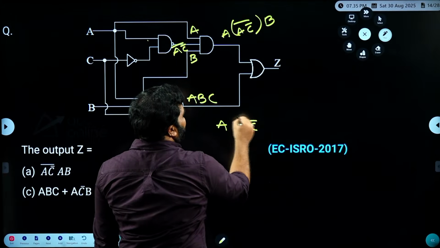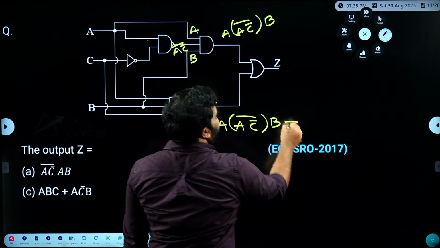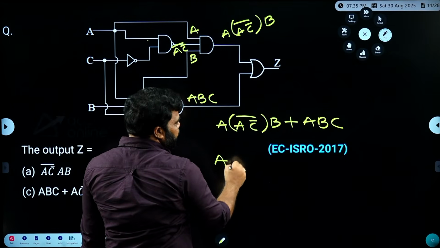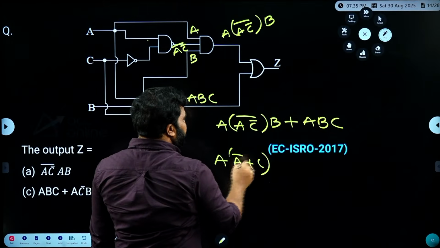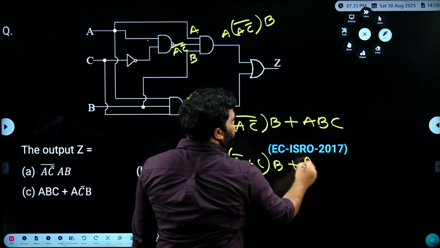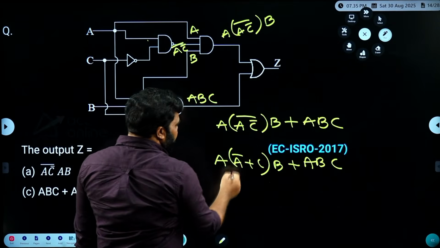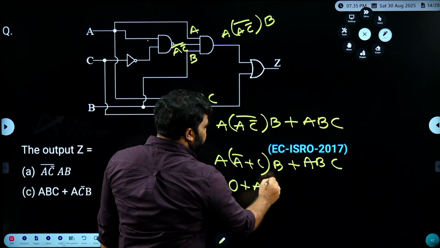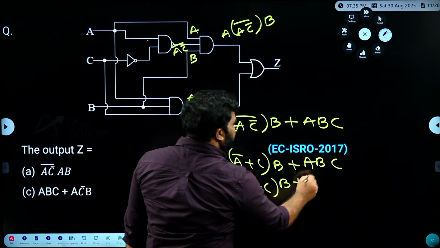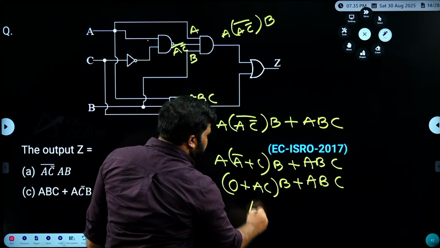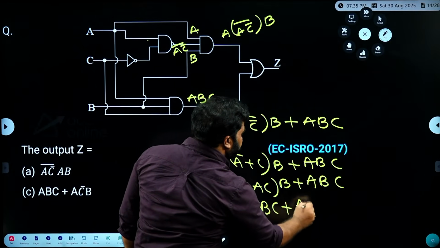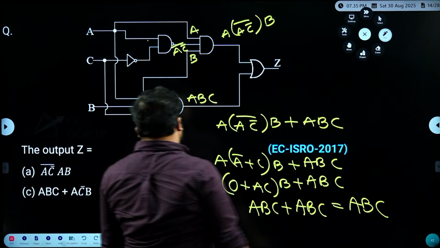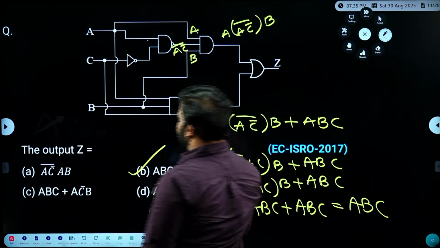(A C bar) whole bar and with B, logical OR with A B C. Then A and with (A bar plus C) and with B, plus A B C. So A and A bar is 0, plus here it is A C and with B, plus A B C. So simplifying, A B C plus A B C. Finally resulting it is A B C. So answer is B in the given options.